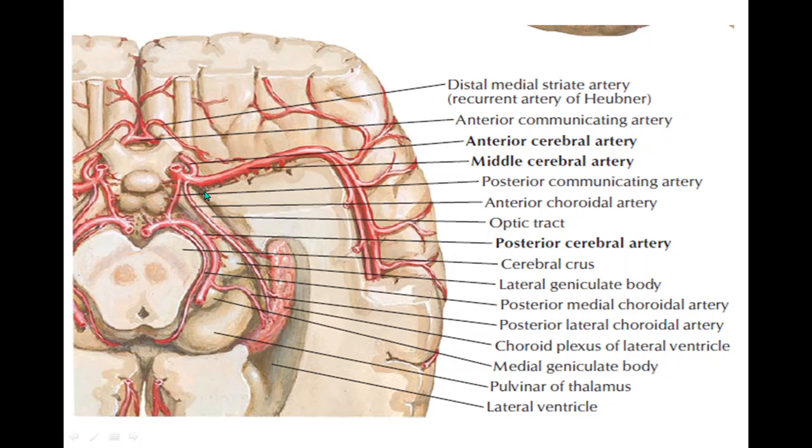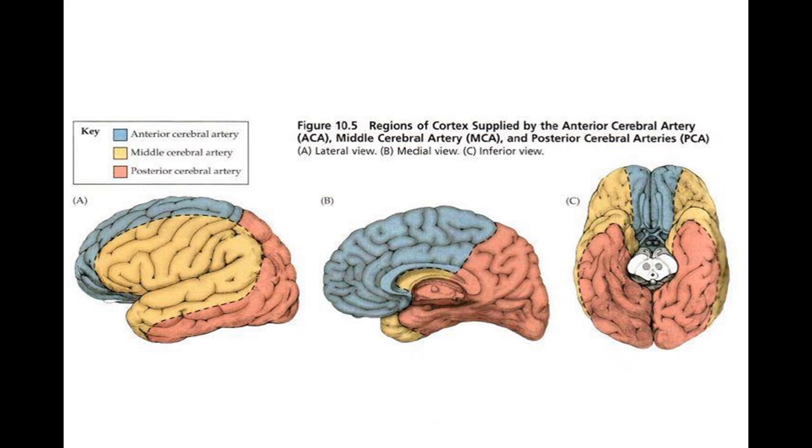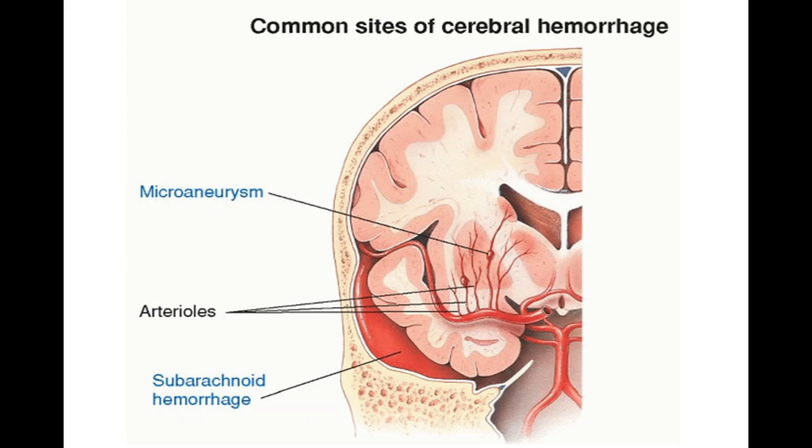All these three vessels, anterior, middle and posterior, give three sets of branches: cortical branches to the cortex, central branches which pass through the anterior and posterior perforated substances, and choroidal branches which go to the ventricles forming choroid plexus which secretes CSF. I think that completes the arterial blood supply to the brain.